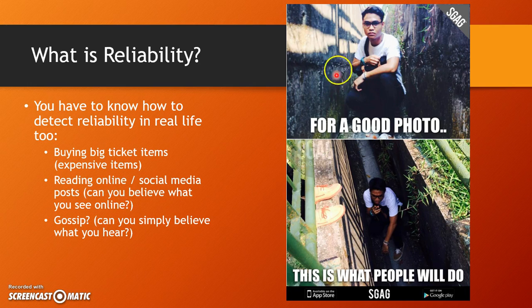Let's take a look at this photo. This happened quite recently, I know. This person in this photo looks like he's hiking through a forest or something in nature, or in the hills. But this is actually in actual fact where he is. Now, people usually do these days because they want to look good on social media.